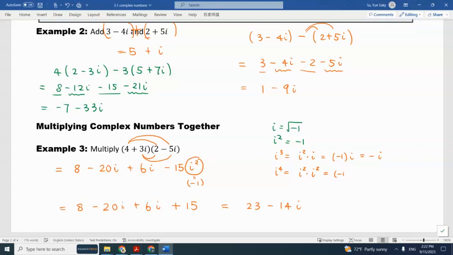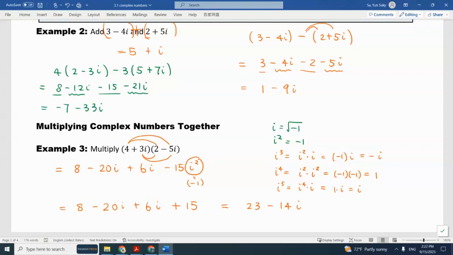Do you agree? And then minus 1 times minus 1 is 1. And then when you keep going, I to the 5th is I to the 4th times I. I to the 4th is 1. So you get I.